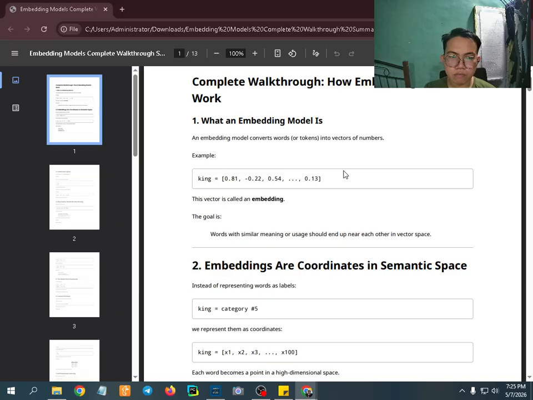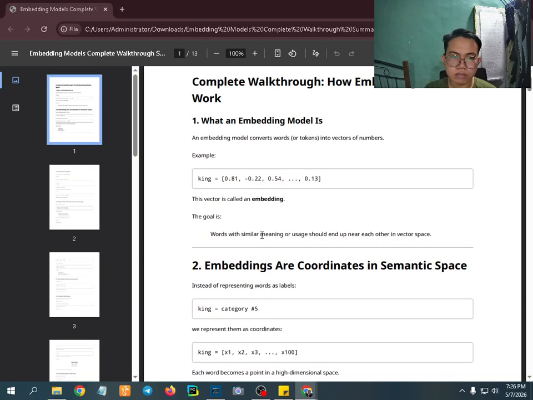If we have a sentence, it is split word by word into tokens, and each token, for example "king", becomes a set of vector values. This vector is called an embedding.